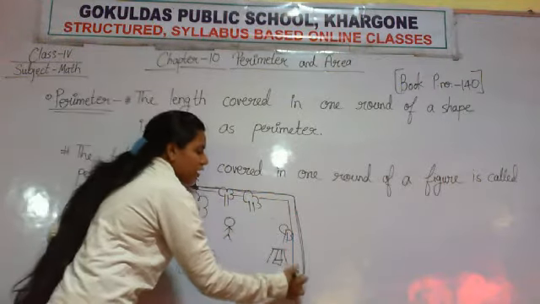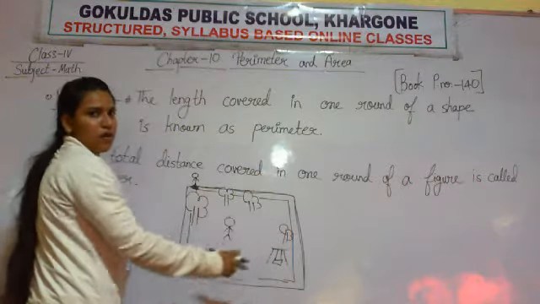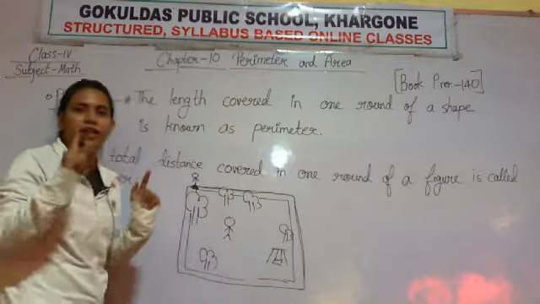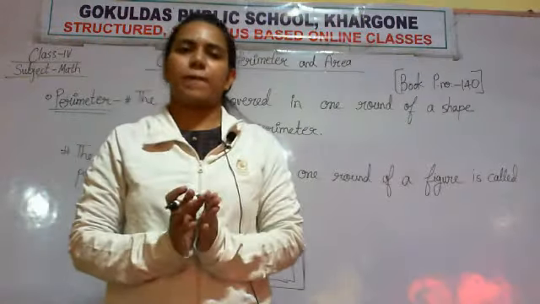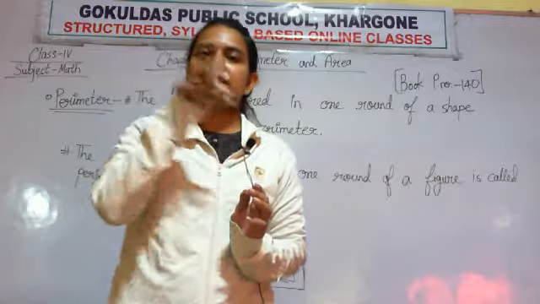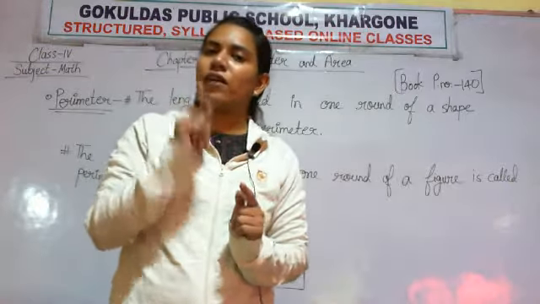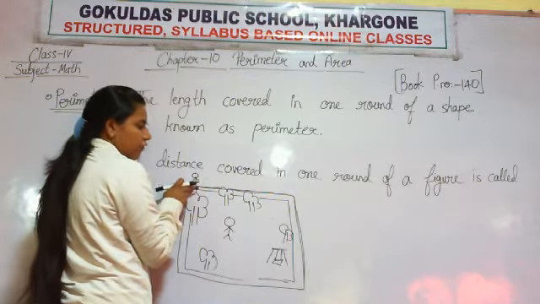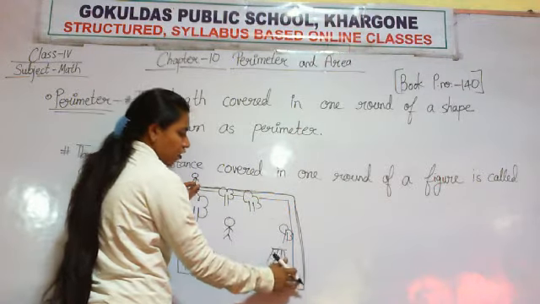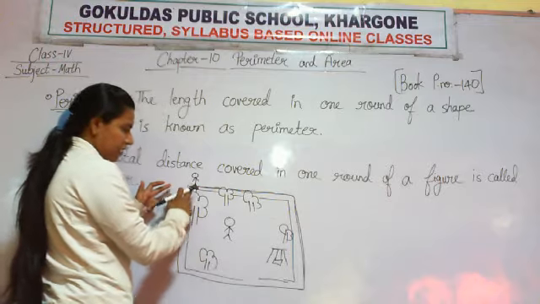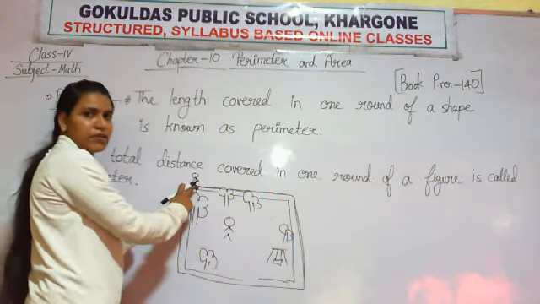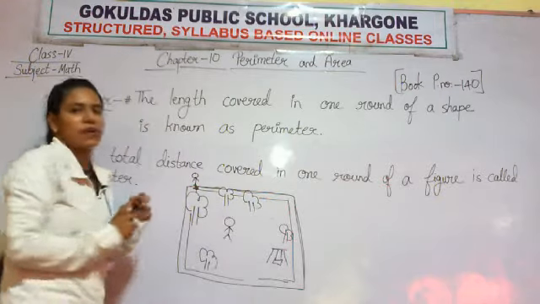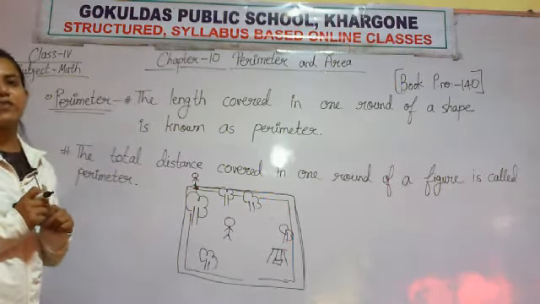So you covered one round along the boundary. The total distance covered by you in one round is called as perimeter. You started from this point and again reached the starting point. So that total distance is known as perimeter of the figure.